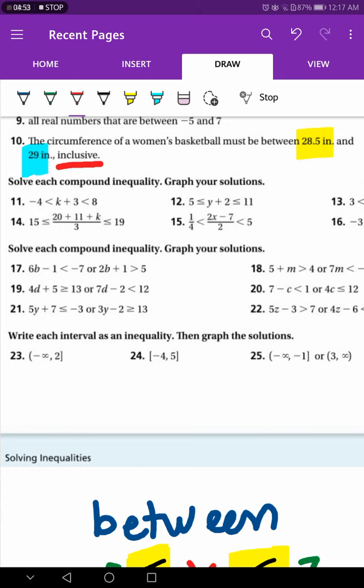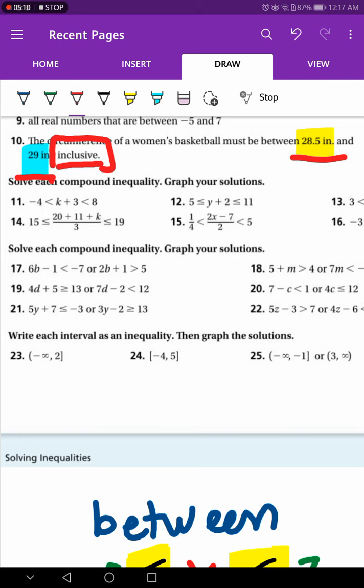Inclusive means x is between this number and this number, but it is inclusive, which means there will be an equal sign.